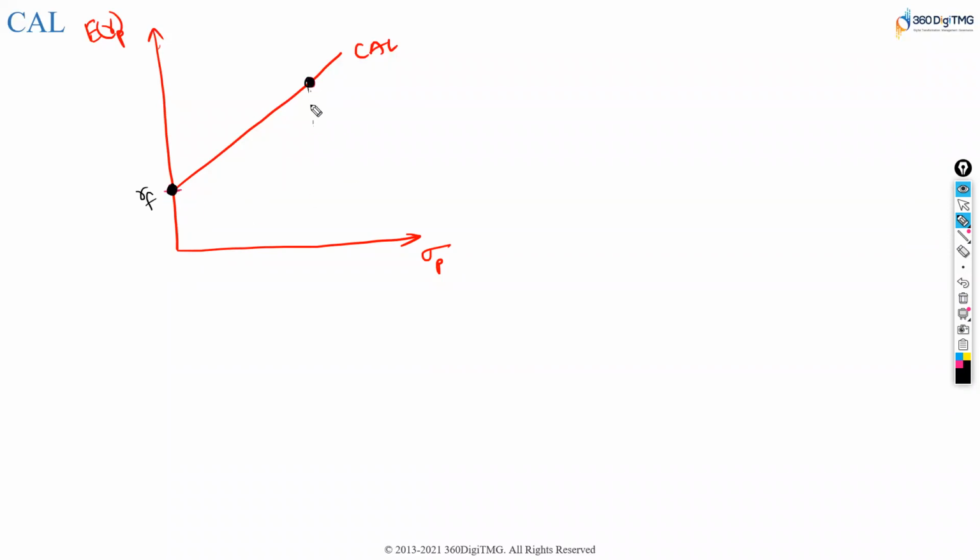And you have another scenario where the return is 22%, risk was 34.29%. And we discussed that 50% risk-free, 50% risky would be here. 75% risk-free and 25% risky would be here. Here you'll have 75% risky and 25% risk-free, so on and so forth.